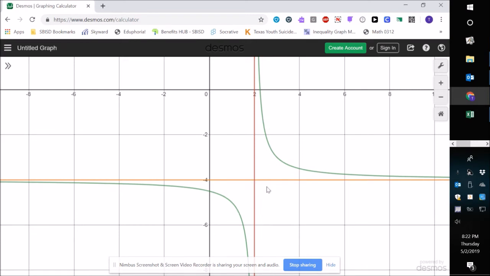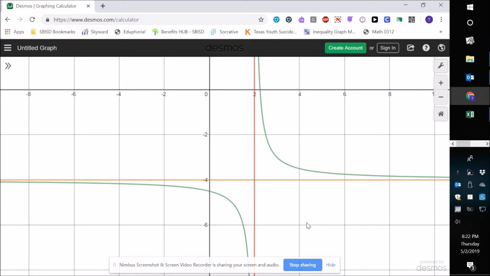So vertically, the green graph will not touch each other at 2. So for my domain, it's going to be all real numbers except for 2, where my vertical asymptote is. So if you were to identify domain, you would just write all real numbers, or all reals, except for 2, where my vertical asymptote is located.